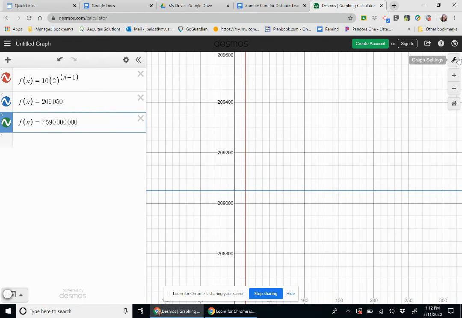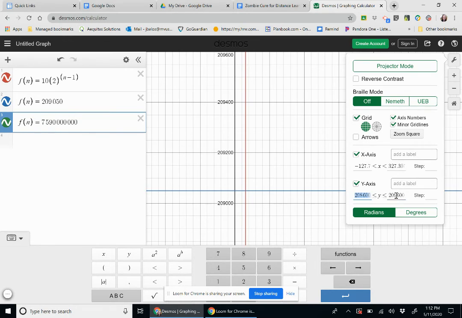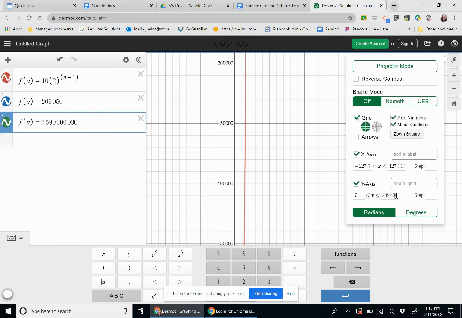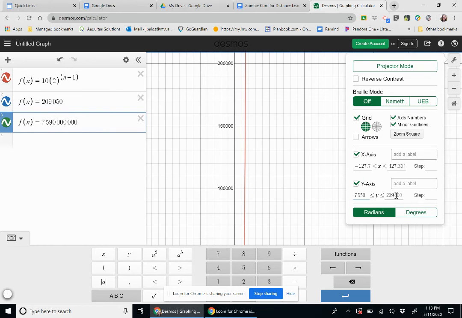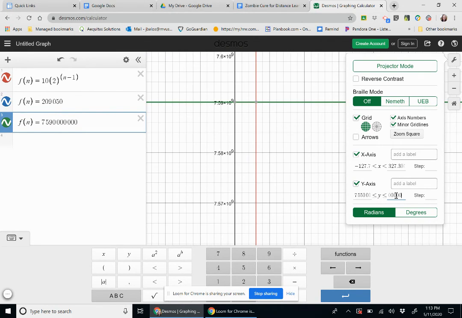So go to the wrench. We want something a little bit smaller, so let's do 7,550,000 and then 6 zeros. And I want something a little bigger, so I'll go to 7,600,000. 1, 2, 3, 4, 5, 6.